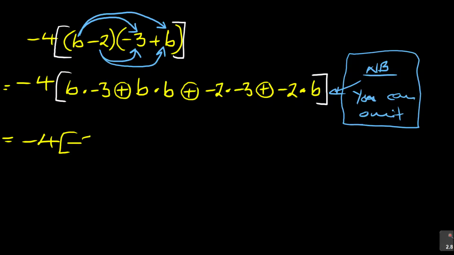Is negative 3b. Don't forget, b was positive. So when b was positive, so is the positive b and the negative, the signs there. Positive, negative, the negative always wins. And then the next one is positive b times positive b. That simply becomes b squared.